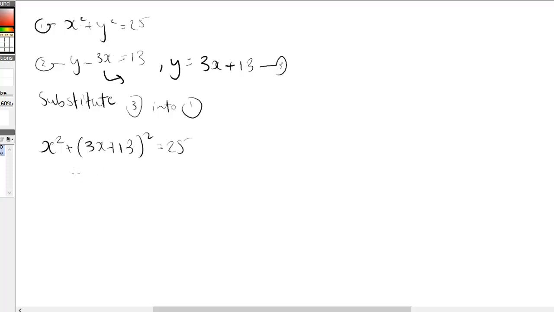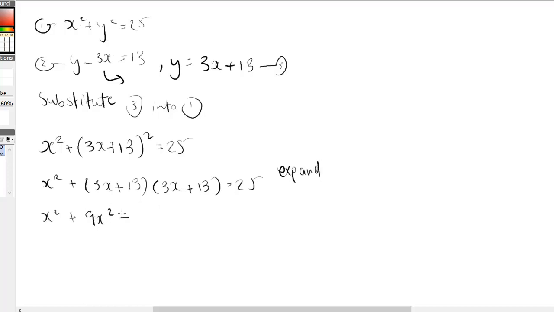So now I just want to start to rewrite. So 3x plus 13, by opening up and expanding the brackets, equals 25. Just expanding, I'll get 9x squared plus 39x plus 39x plus 169 equals 25.